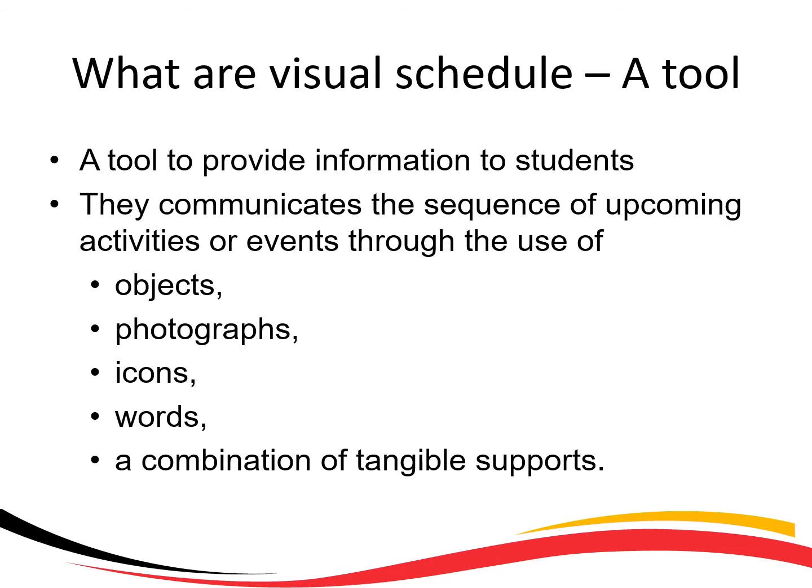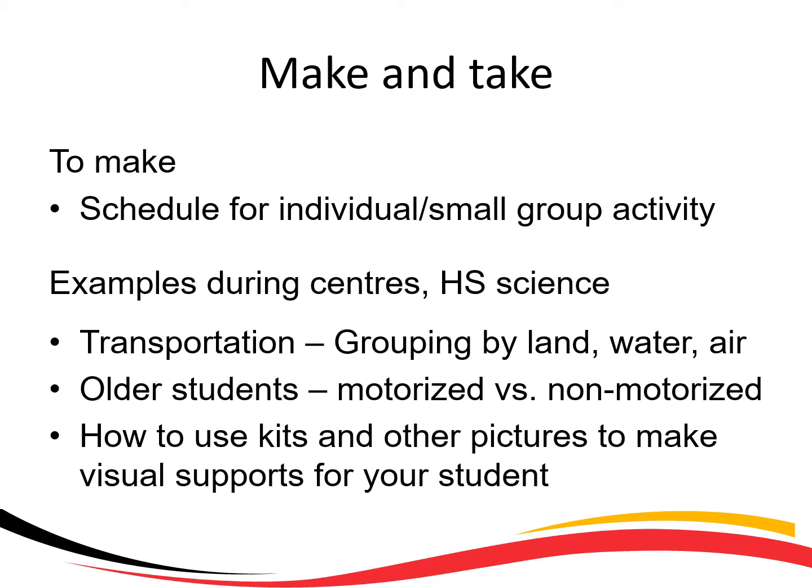Visual schedules communicate the sequence of upcoming activities or events through the use of objects, photographs, icons, words, and a combination of tangible supports. Now we're going to make a visual schedule for individual small group activities. I gave examples for centers or high school science.